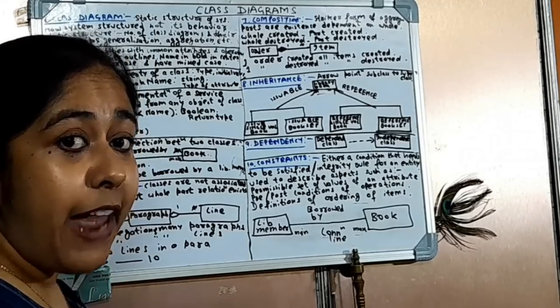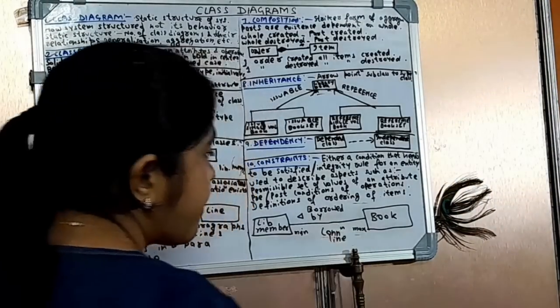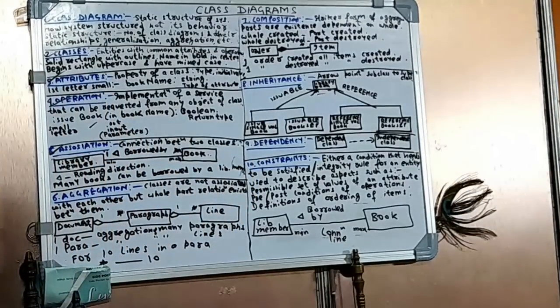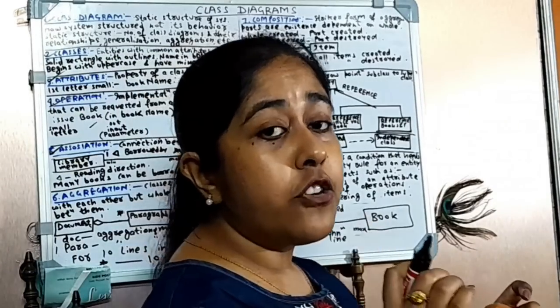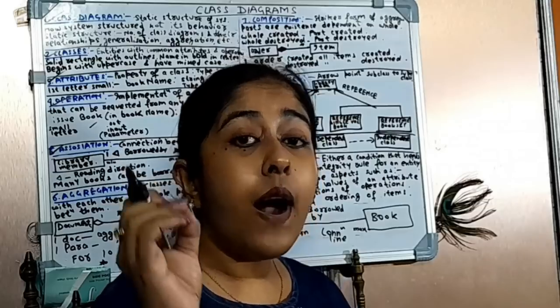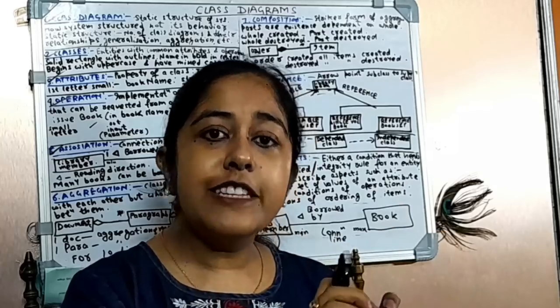So what kind of arrow am I going to use? The arrowhead will be like this. So when you are going to write the relationship, first of all you have to see what the connection is between these two entities. Now I am connecting these two classes.